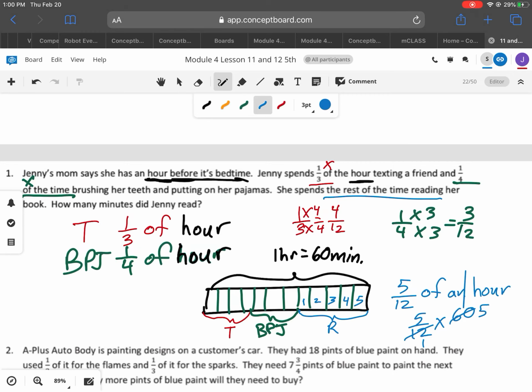Now I know my math. I know that 12 goes into 12 one time and 12 goes into 60 5 times. So I know my answer is going to be 25 minutes reading. She spent 25 minutes reading.